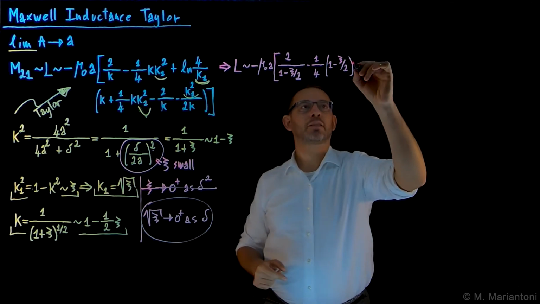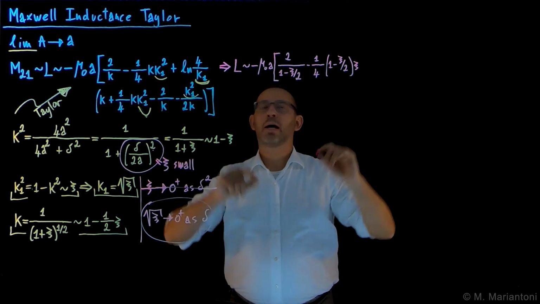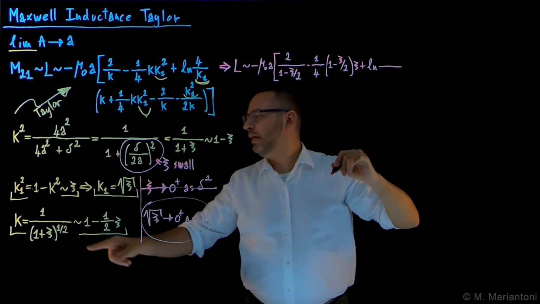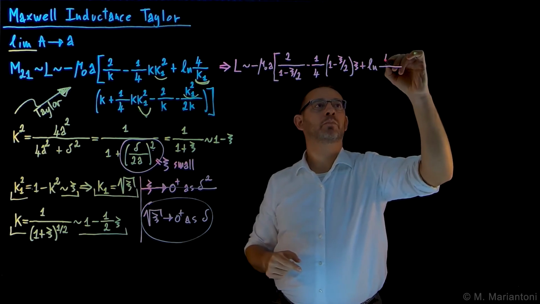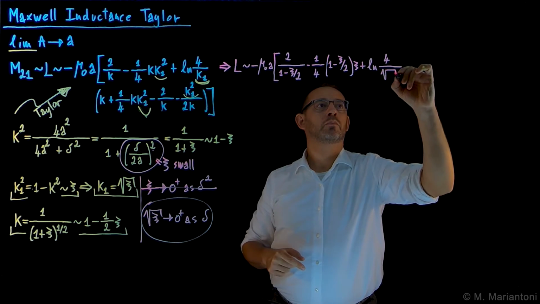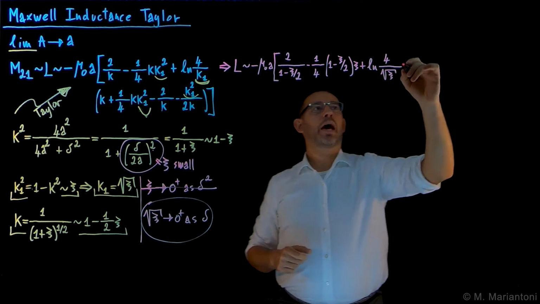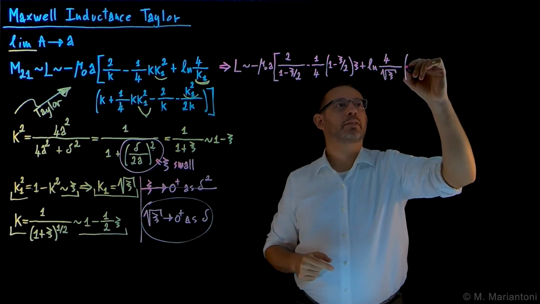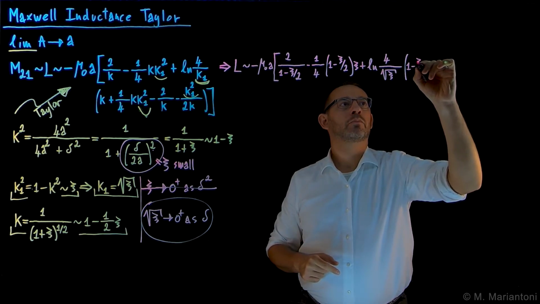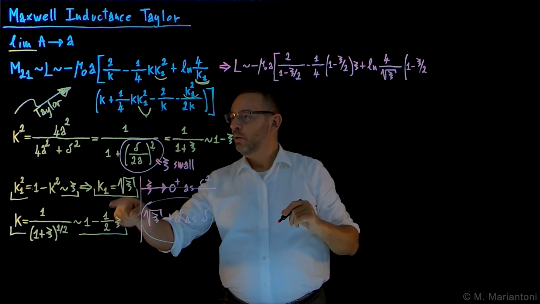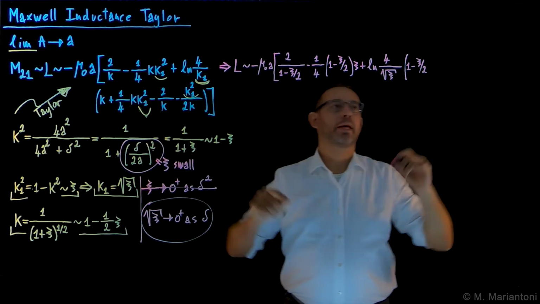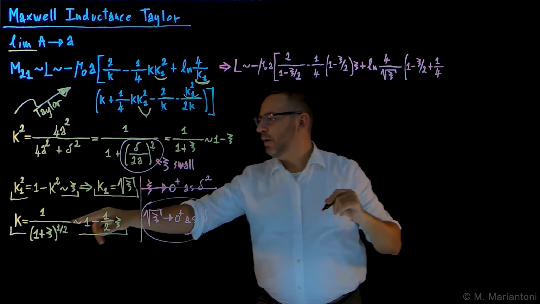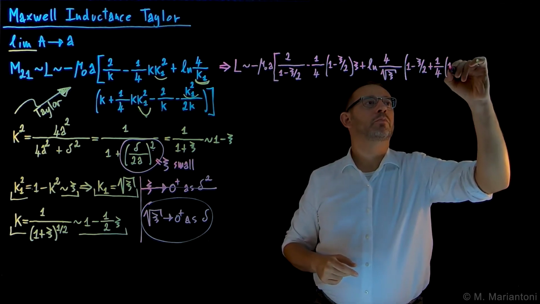K1 squared is just psi plus the natural logarithm of what? 4 divided by k1. And k1 is nothing but square root of psi. And then what do we have? In parentheses here, we have k, and k is 1 minus psi half, we have plus 1/4 k1 squared. So plus 1/4 k, but k is 1 plus psi half.